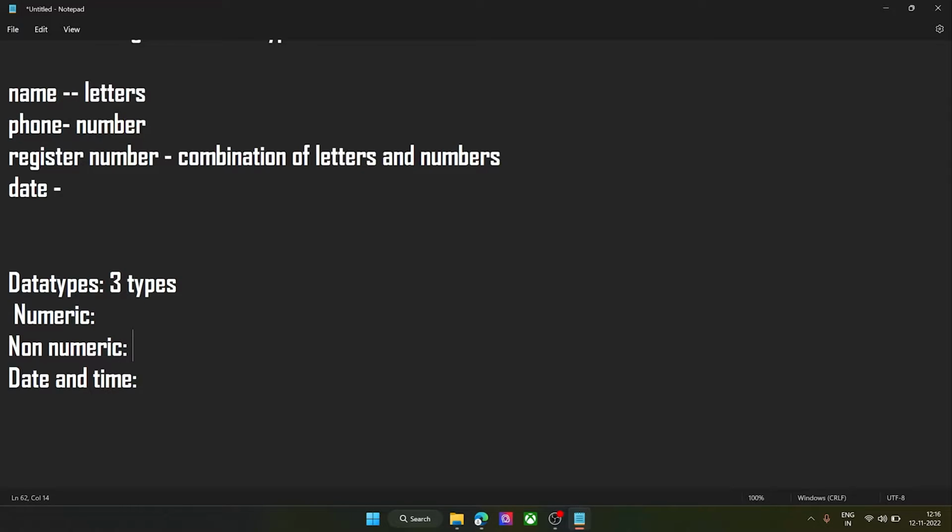Let's start with the numeric type. Numeric type has three types.